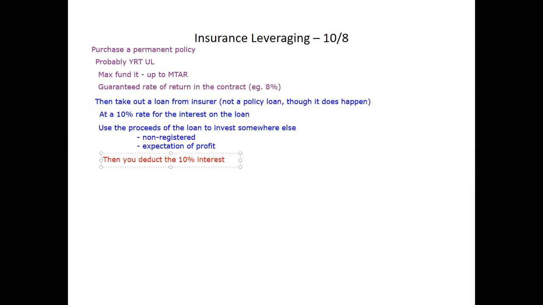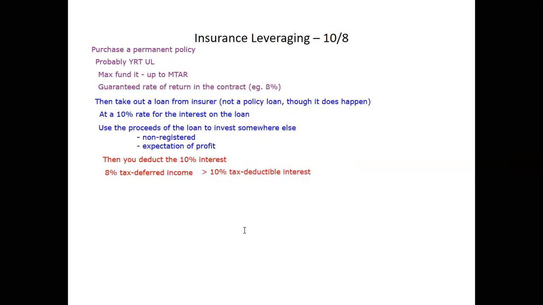And it works well if you're at a high tax rate, because the spread here is 8% tax deferred income is better for you than 10% tax deductible interest.